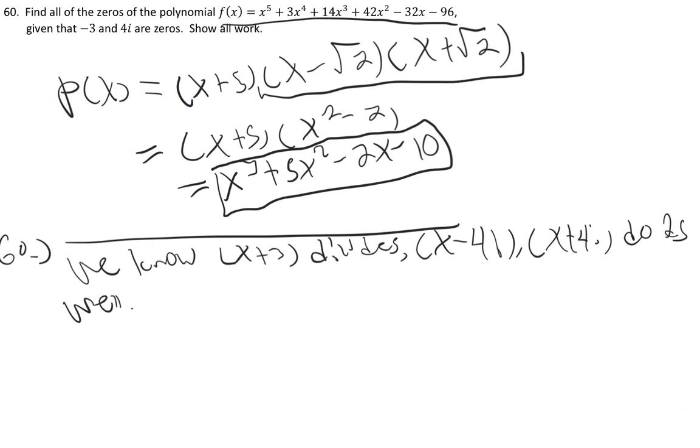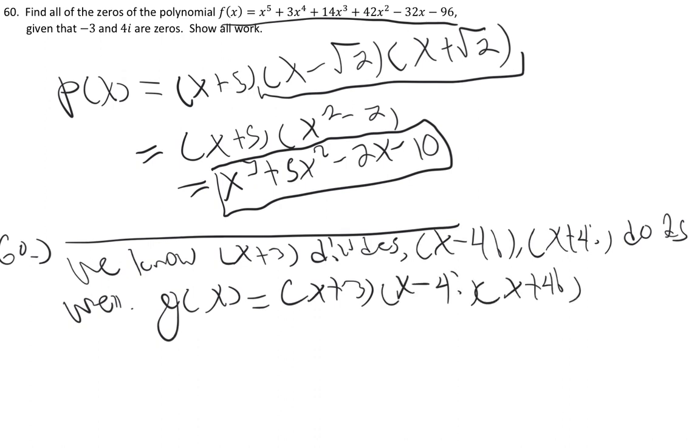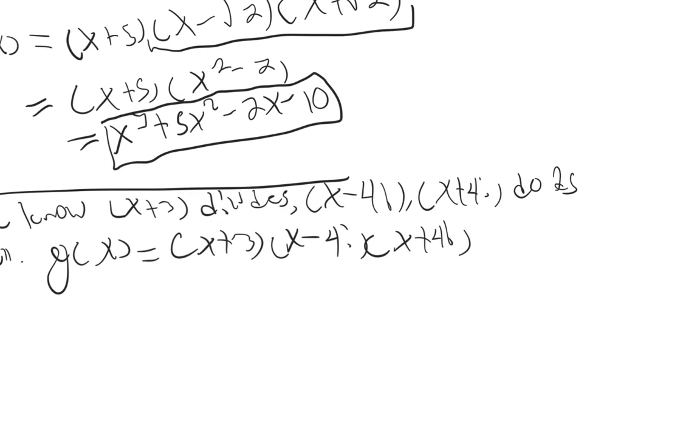So I'm going to call this combination of factors G. G of x is x plus 3, x minus 4i, x plus 4i. And we're going to simplify that. X minus 4i, x plus 4i is the difference of squares.